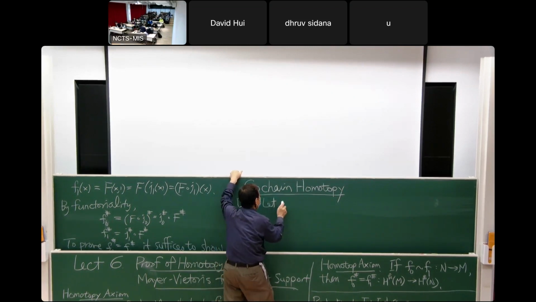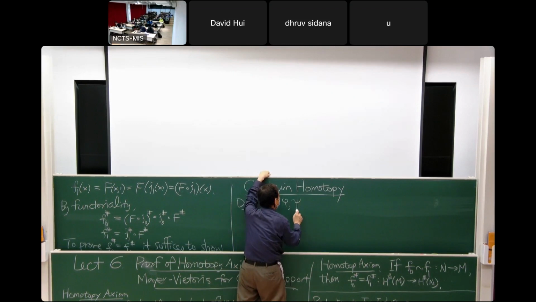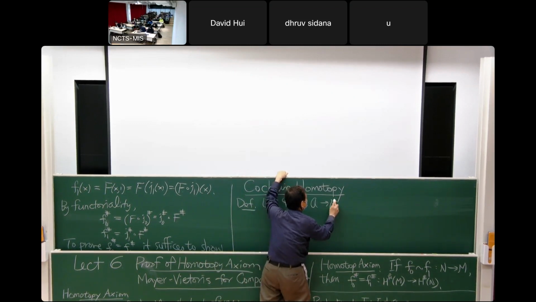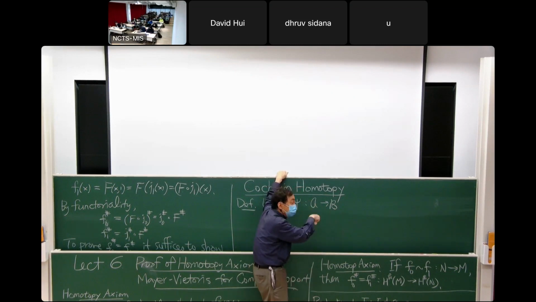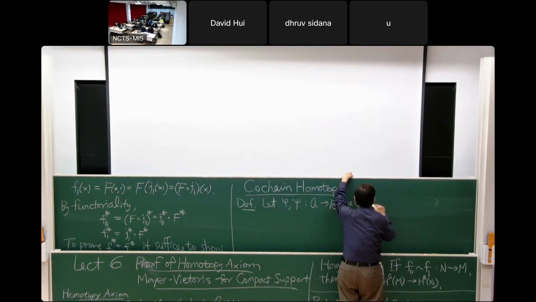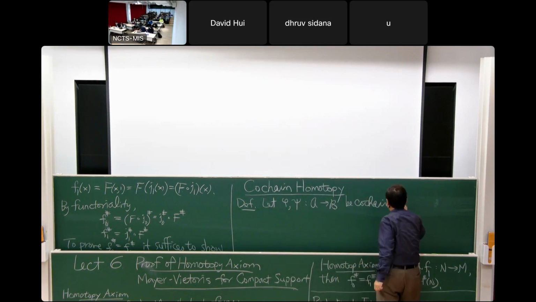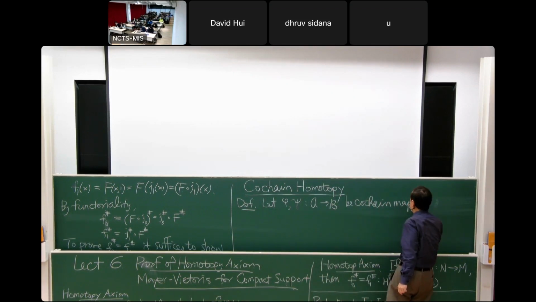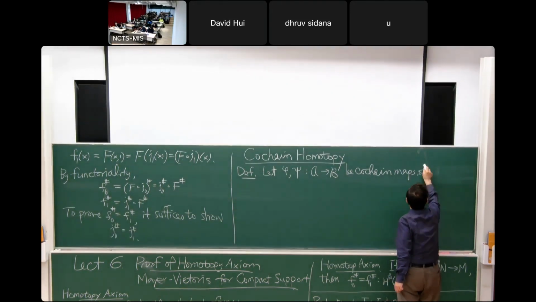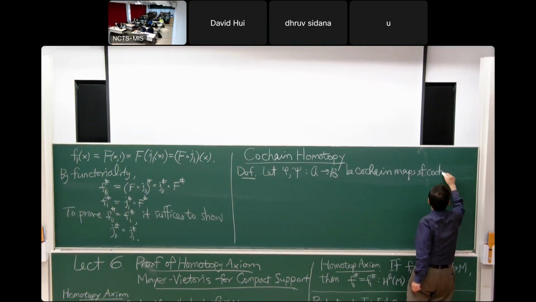Let, say, phi and psi going from one cochain complex to the other be cochain maps of cochain complexes.